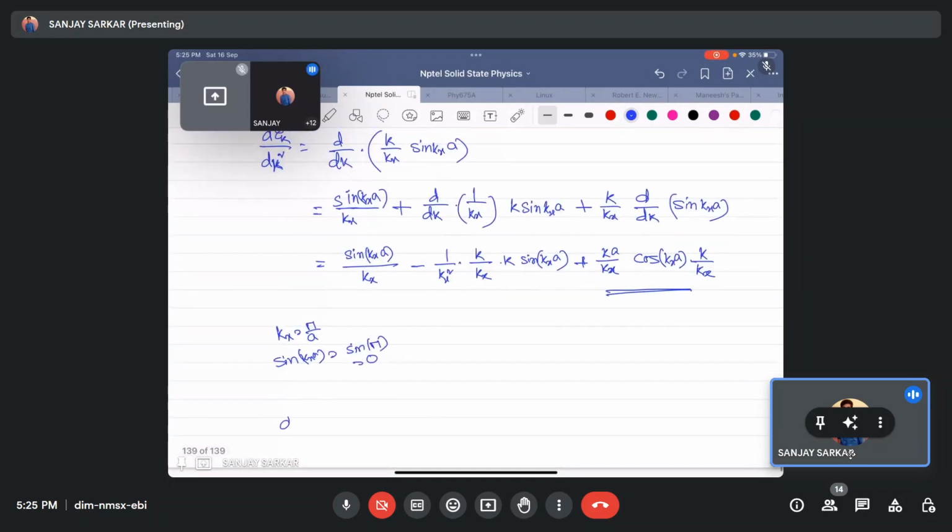So d2 epsilon k dk2 at pi by a, pi by a, pi by a: if everything is pi by a, then k is the square root of pi by a square plus pi by a square plus pi by a square, which is root 3 pi by a.